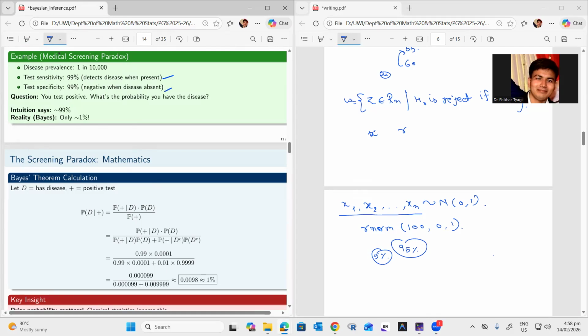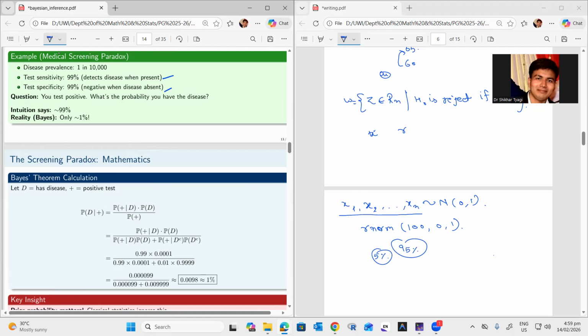That means it detects the disease 99% of the time when it is present, and 99% of the time it is negative when the disease is absent. Suppose our test is positive, and the disease prevalence is 1 in 10,000. So what is the probability that we actually have the disease?